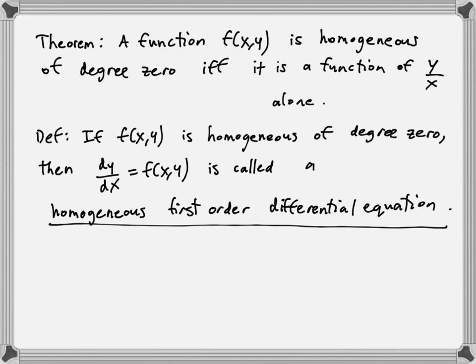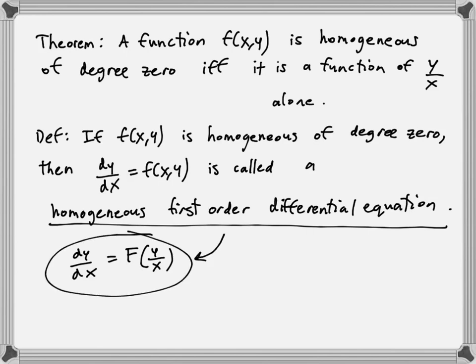So, in other words, we know that dy dx is equal to some function of y over x, right? And so this is what we're talking about. This is called a homogeneous first order differential equation. This is an alternate way of writing it, okay? Now, it turns out that we have a nice method for solving such differential equations.